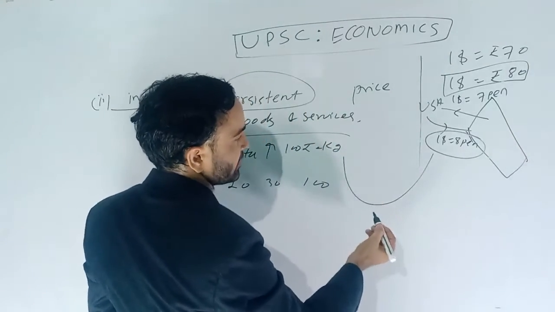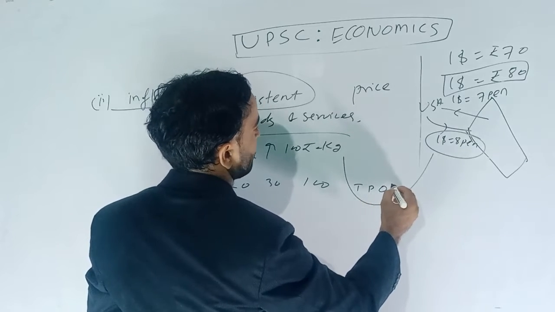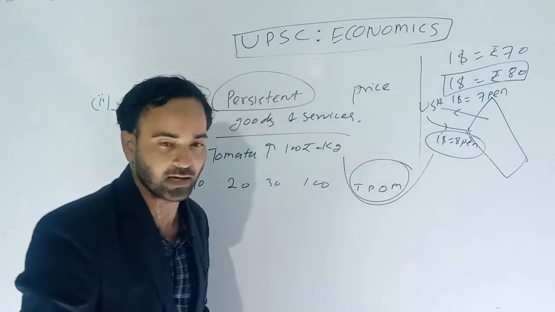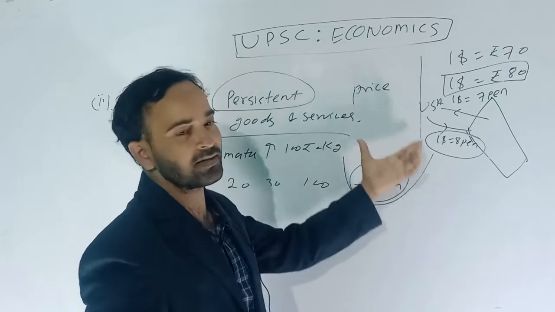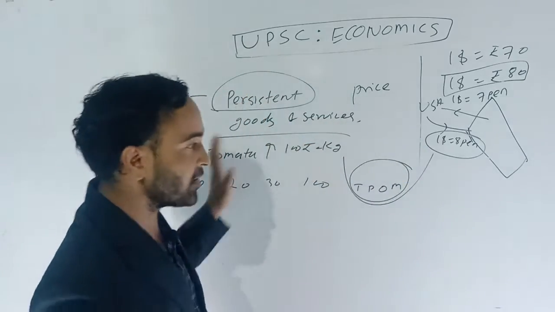Let us suppose in the basket there are tomato, potato, onion, milk and other things. If the prices of the basket increase, then we consider that inflation, in a persistent manner.